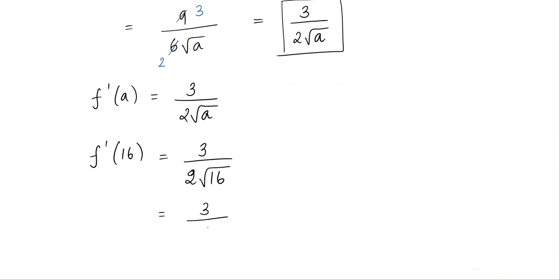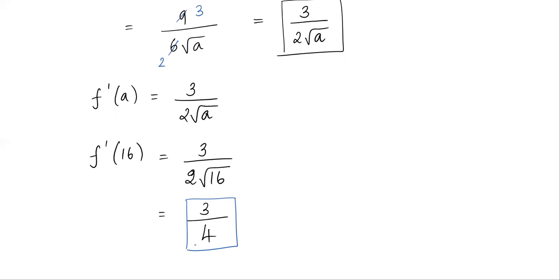So 2 times 2 is 4. I hope I'm doing this right. For a moment, I thought it was a 9. I was looking at the square root of 9, not the square root of 16. Okay, so you have f prime of 16 coming out as 3 over 4.